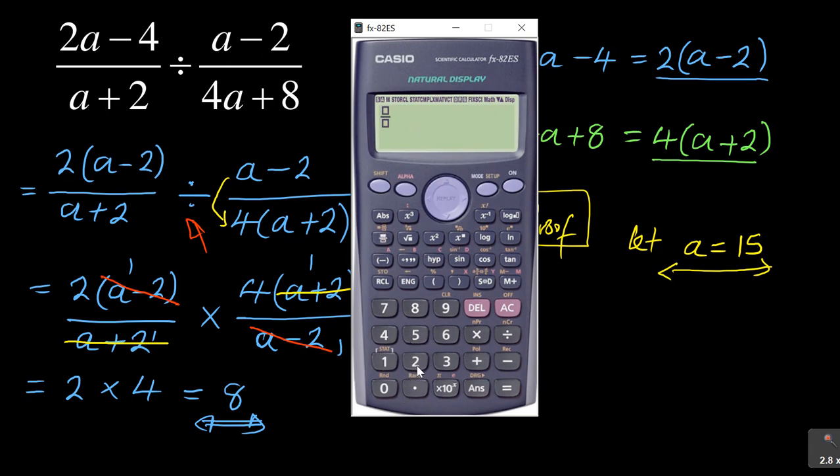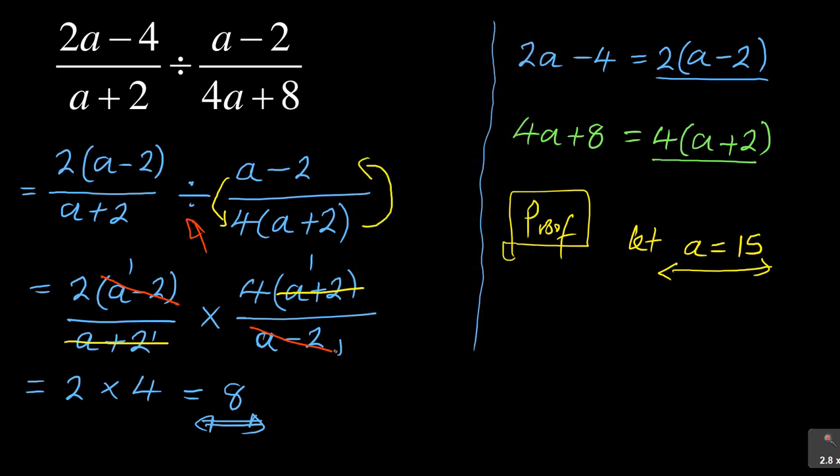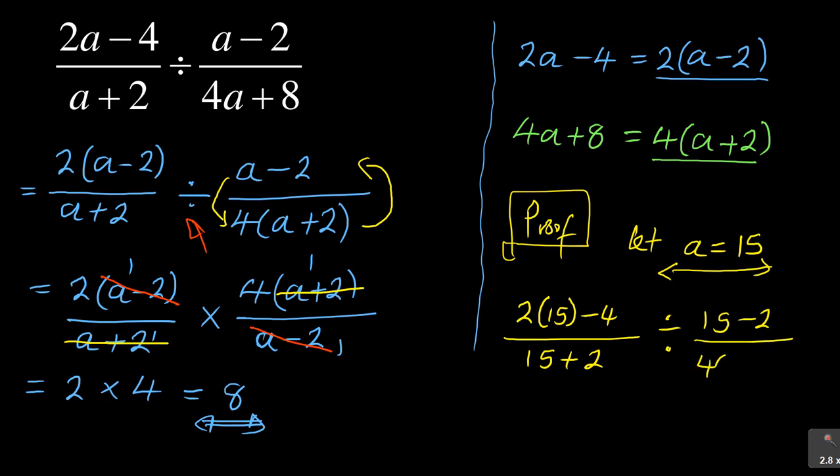So you're going to write 2 bracket 15 minus 4 over 15 plus 2, divided by 15 minus 2 over 4 bracket 15 plus 8. The bracket is there.